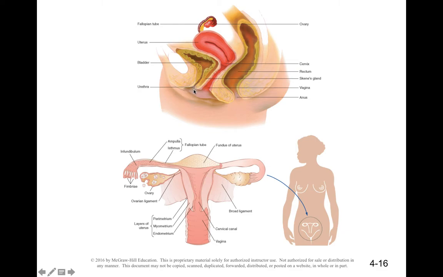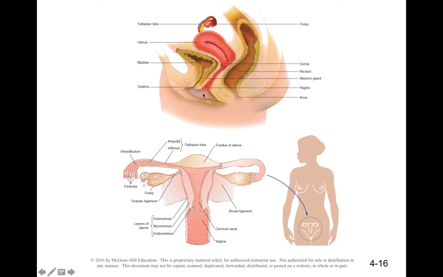Again, clitoris, urethral entrance, the urethral orifice, the vaginal entrance, often called the introitus, and the anal entrance. Again, clitoris, urethral entrance, vaginal entrance, and anus.